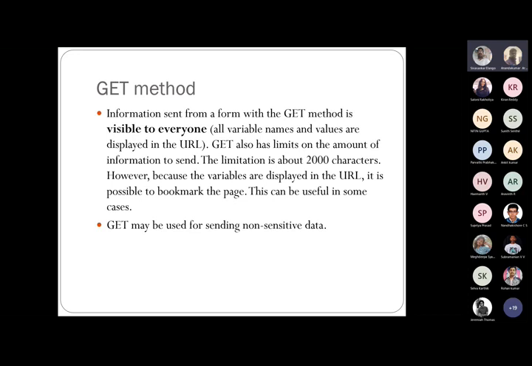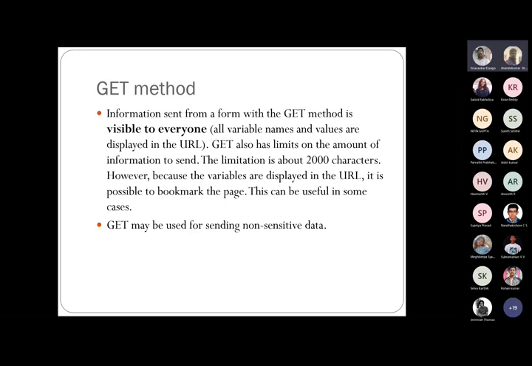The drawback is that it's visible to everyone. However, the get method can be used for sending non-sensitive data. Whenever you want to send sensitive data from the client side to the server side, we go for the post method.